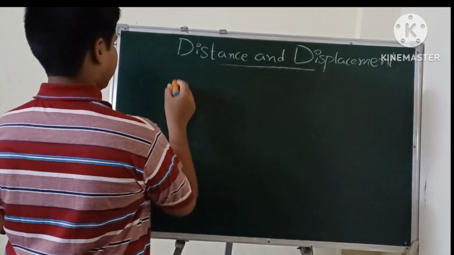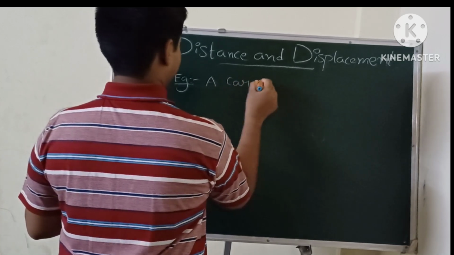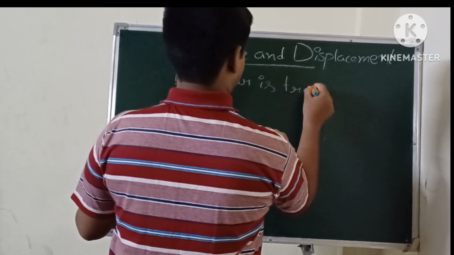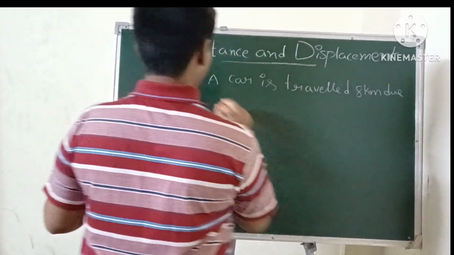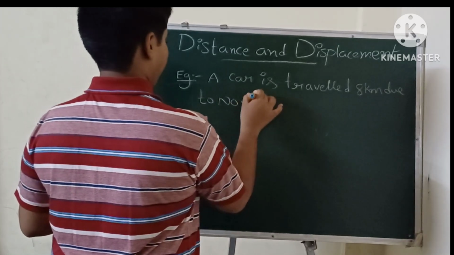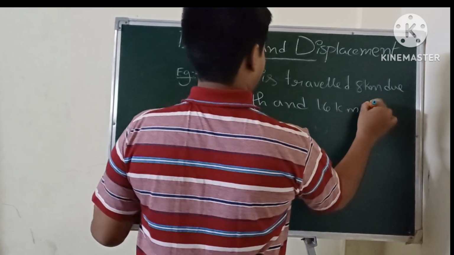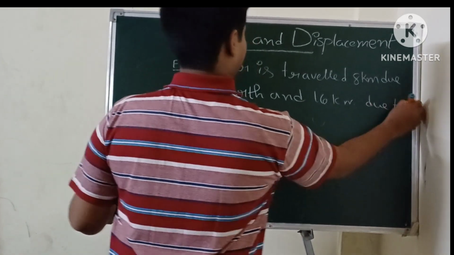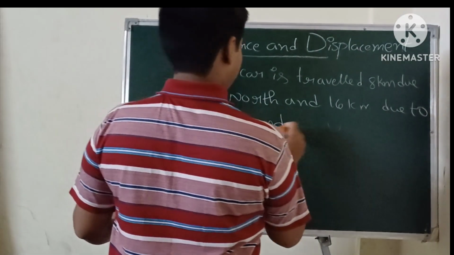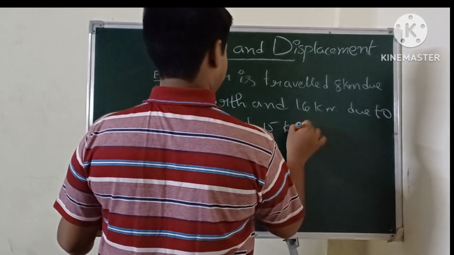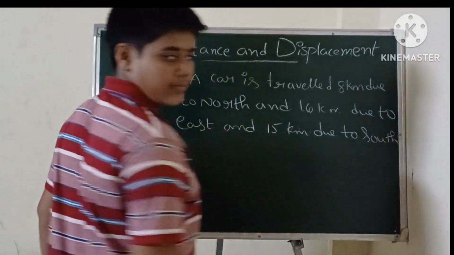Here for example, a car travels 8 kilometers due north and 16 kilometers due east and 15 kilometers due south.